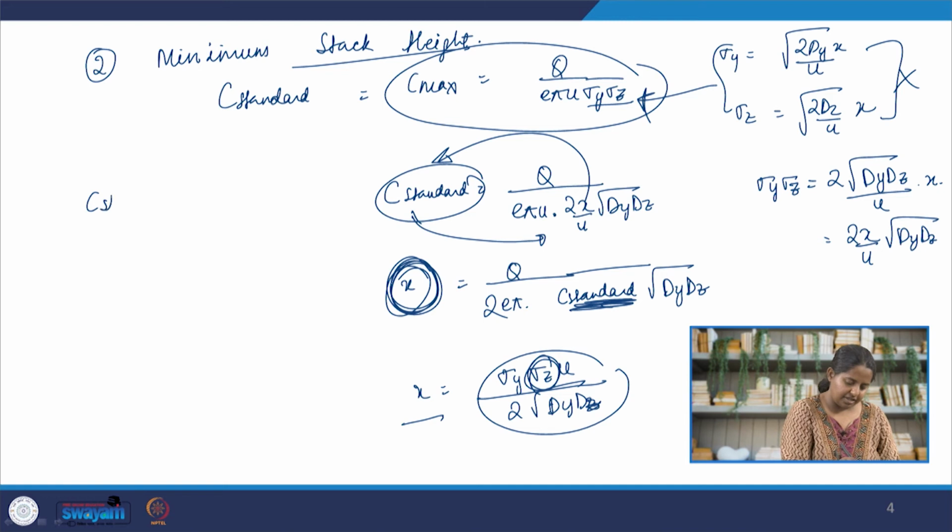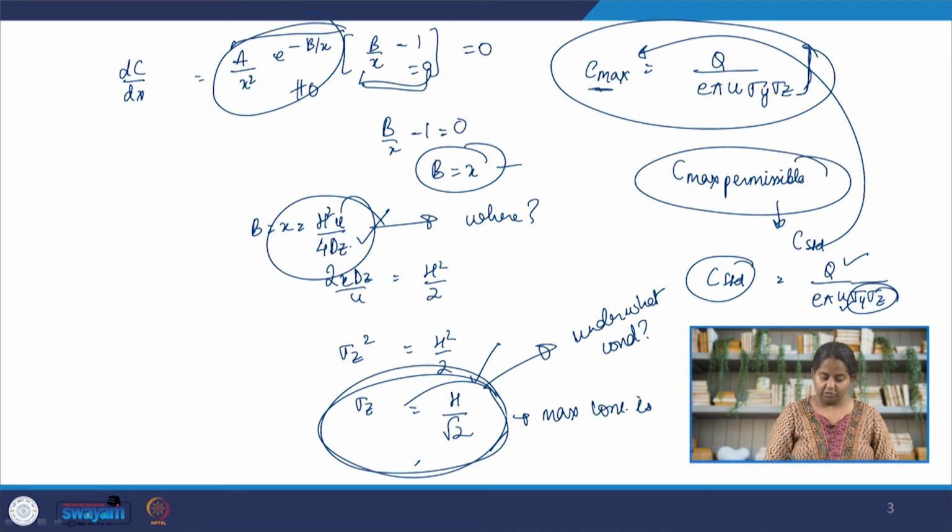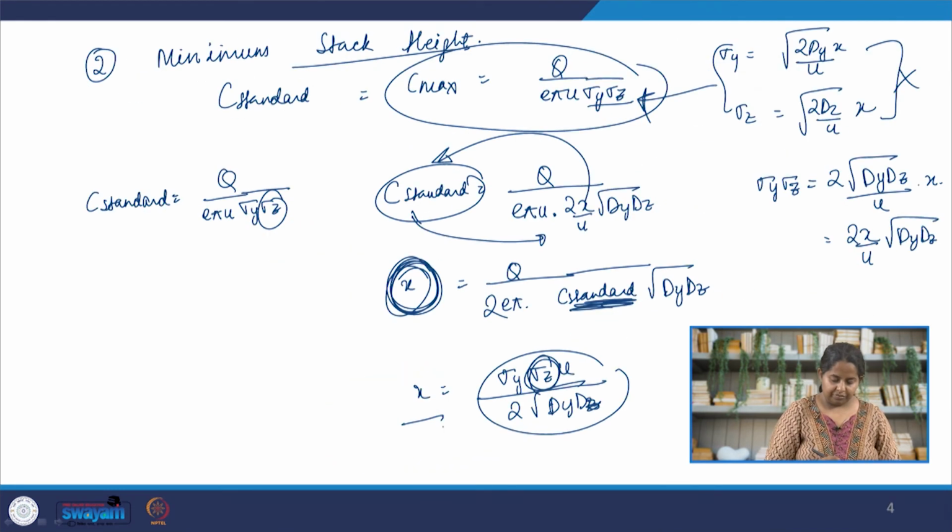So we have C standard is equal to Q by e pi u sigma y sigma z. For maximum concentration, sigma z is going to be equal to h by root 2. So we write C standard is equal to Q by e pi u sigma y h by root 2.